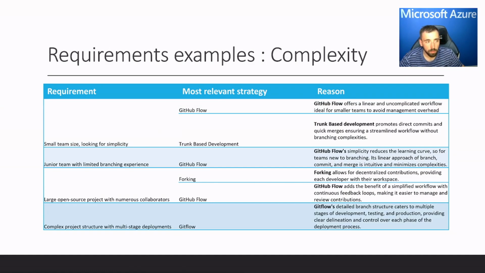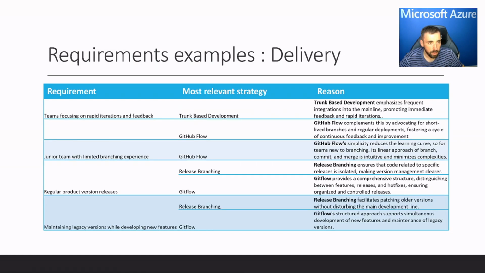So then in the area of delivery, we've got teams focusing on rapid iterations and feedback, and trunk-based development and GitHub flow are definitely the most suitable branching strategy for these.